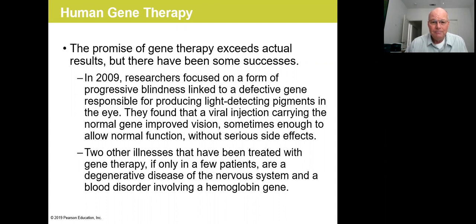Previously, when gene therapy was tried, and the first attempt at human gene therapy was, I want to say about 15, 20 years ago now, it was for the treatment of diabetes. A young man with severe diabetes agreed to be the test subject. And unfortunately, something went wrong with the treatment and it wound up killing him.